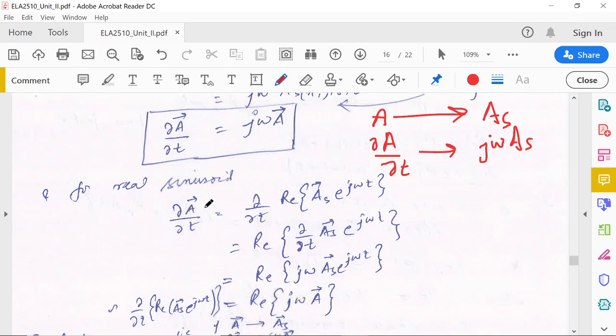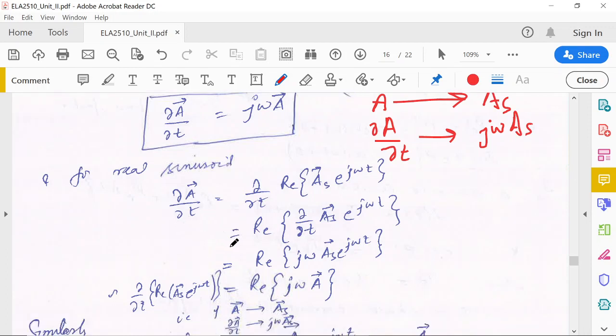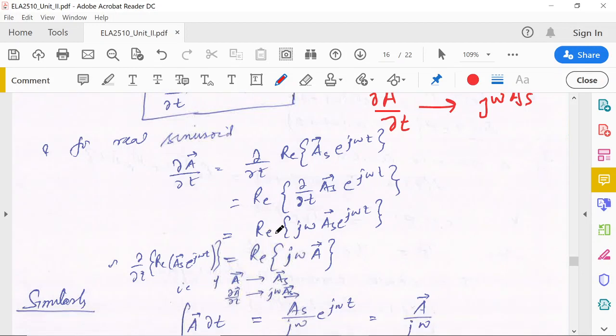A is real, so del A over del t is also real. Then we have the real part of j omega A_s e to the power j omega t. Now, if you separate out the time, this becomes the phasor form. So again, same concept: if it is complex, we get the same phasor, and if it is real, we also get the same phasor.